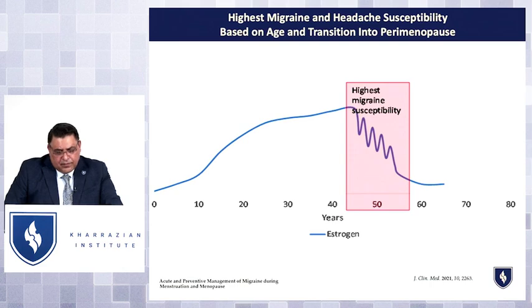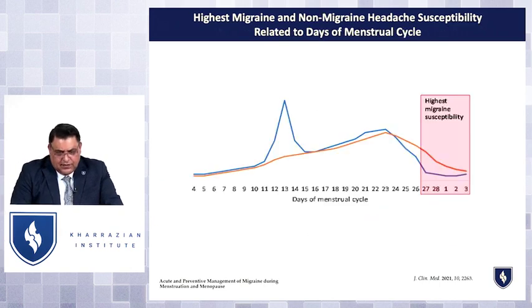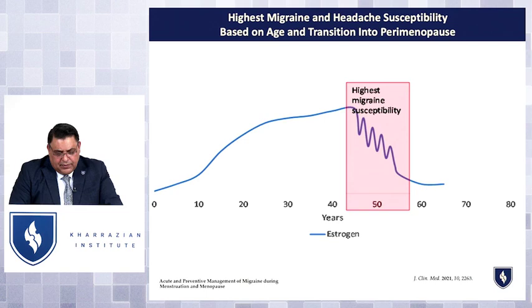As you look at the age categories, once a woman starts hitting 40 and going into the next few decades, they become very susceptible to migraines. And part of this has been shown to be because of these fluctuating drops of estrogen, which is really the same mechanism of these menstrual migraines. So when estrogen levels drop, they cause a significant change in vasomotor tone, and that can lead to all different types of headaches, migraines being one of the most common.